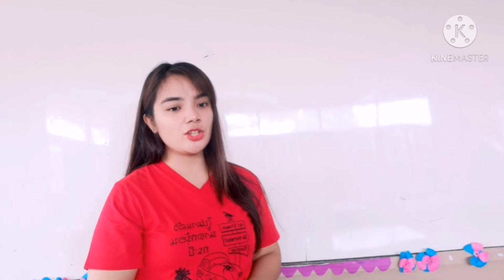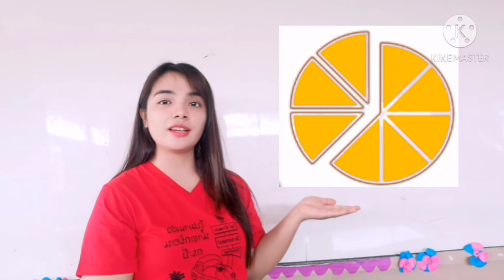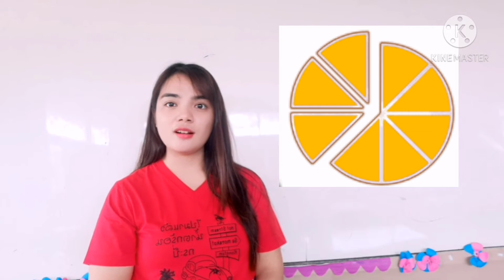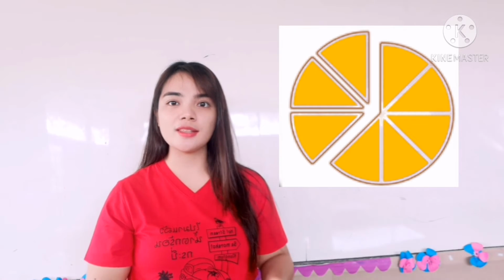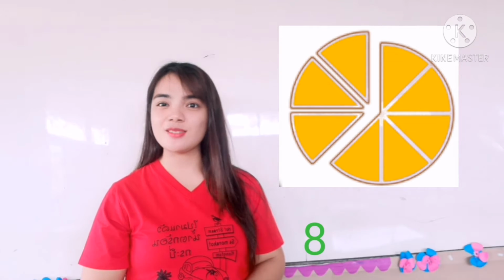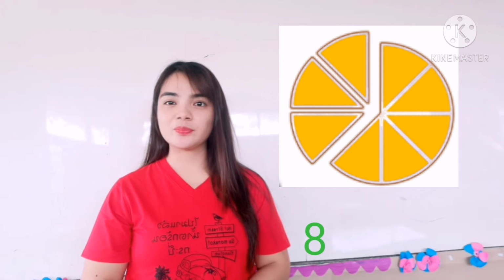So let's try to look at this example. Imagine that this is a pineapple pie. So how many slices are there to make it as a whole? So there are 8 slices. Very good. How many slices are being eaten?